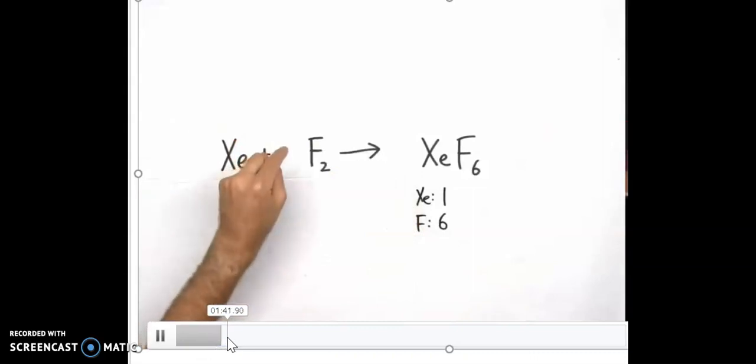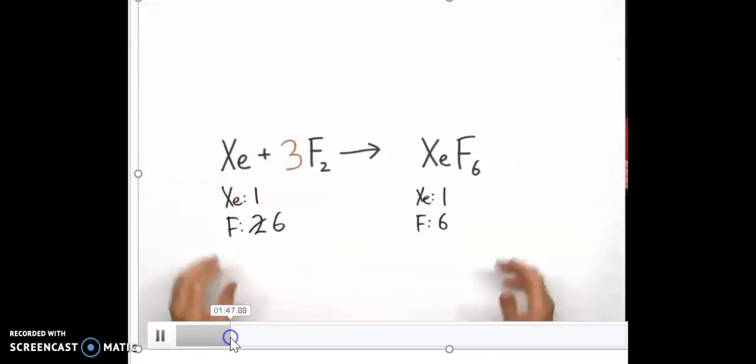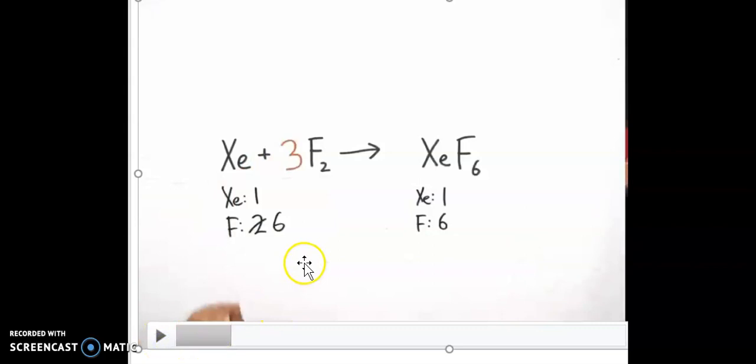Okay, so here, since there are 6 fluorine in the product side, and there's already the 2 subscript here, we're going to think of a factor that will arrive at 6. So it could be 2 times 3. So we are going to put the 3 in the coefficient side.